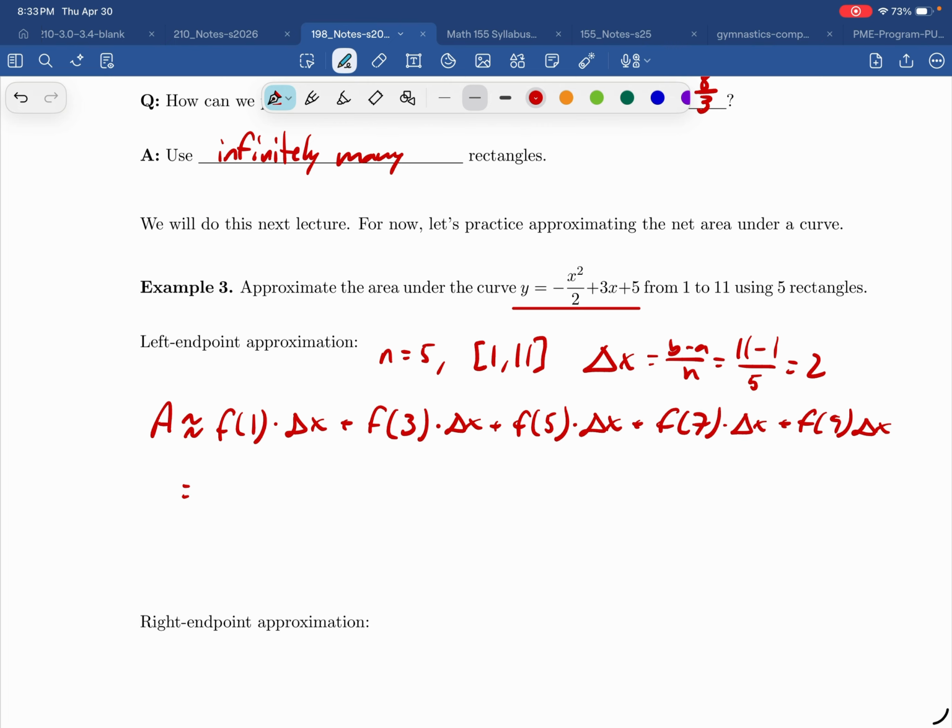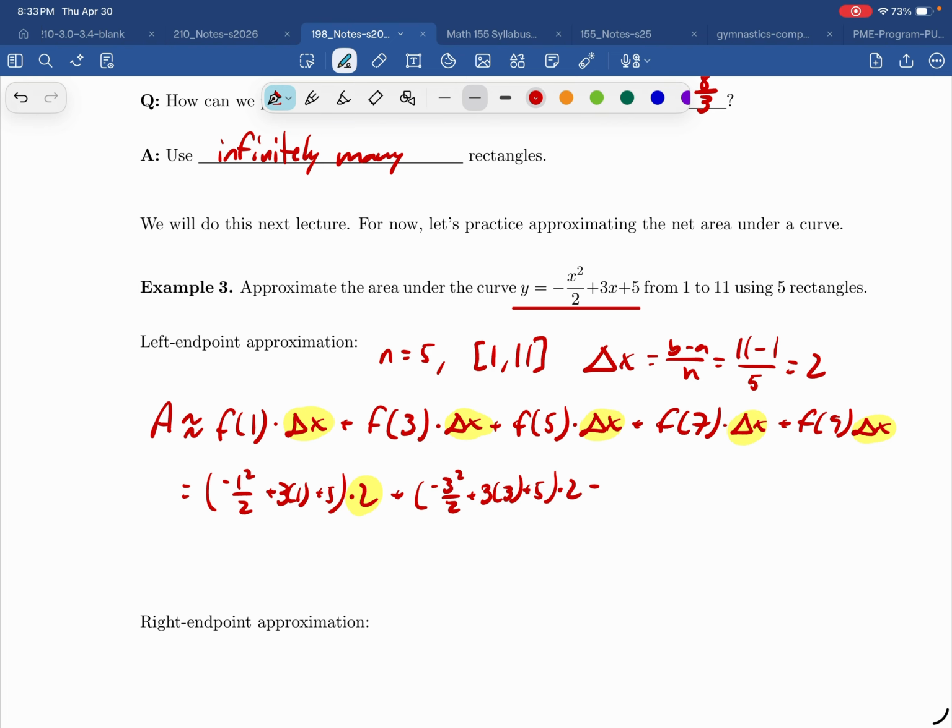But I will write out what f of 1 equals. It's negative 1 squared over 2 plus 3 times 1 plus 5 times delta x, which we said was 2. All these delta x's are going to be 2. Plus f of 3, that's negative 3 squared over 2 plus 3 times 3 plus 5 times 2.